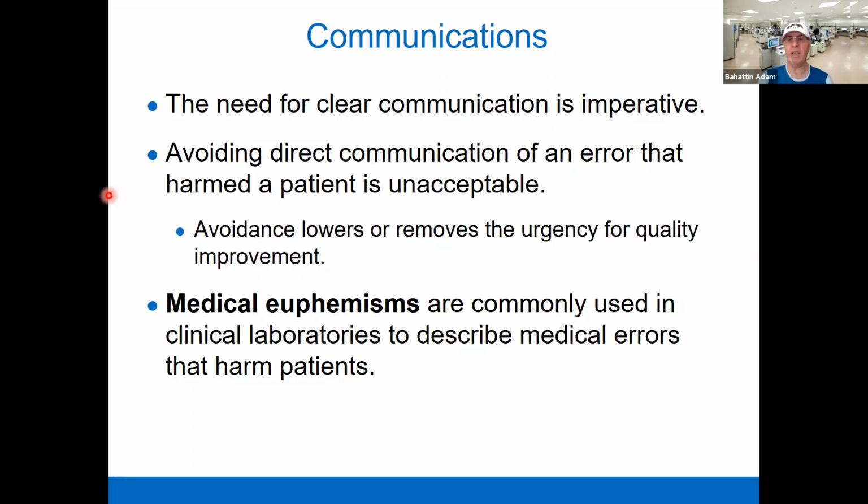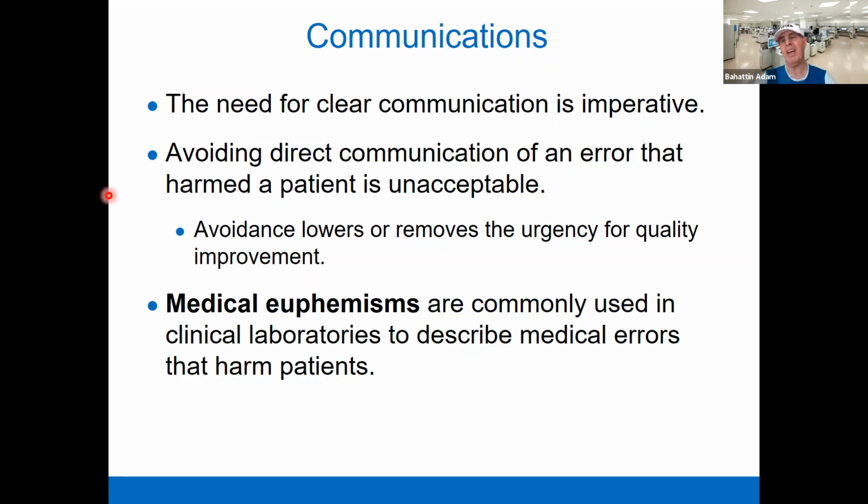They are commonly used in clinical laboratories to describe medical errors that harm patients, and as a result the patient cannot understand what we are talking about.